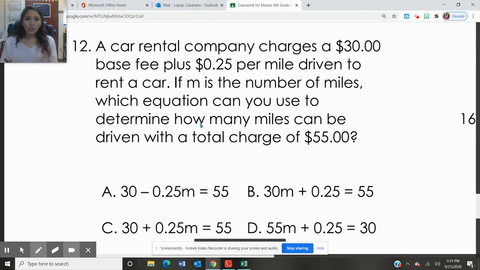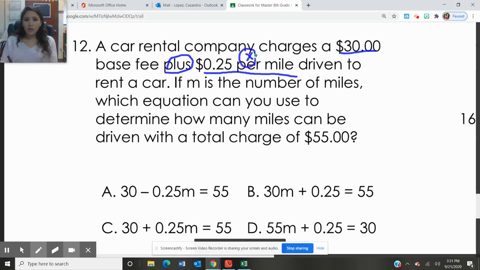Okay, so first things first, we need to go and identify our numbers. So this car company charges $30. That's just the base fee. And then that's plus 0.25 per mile. If you remember, per means multiply.